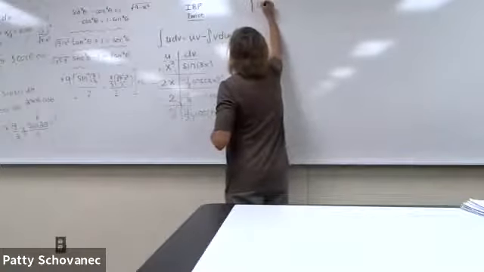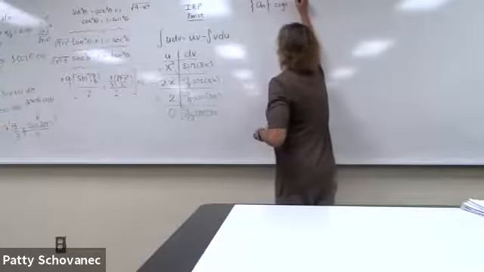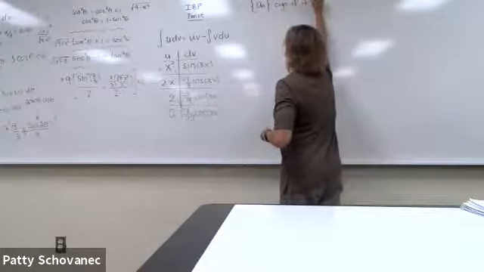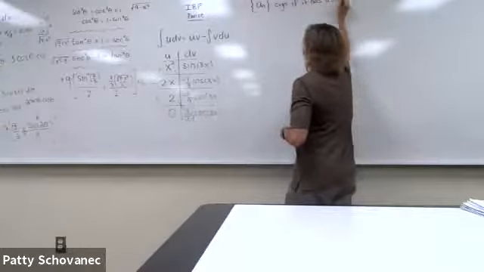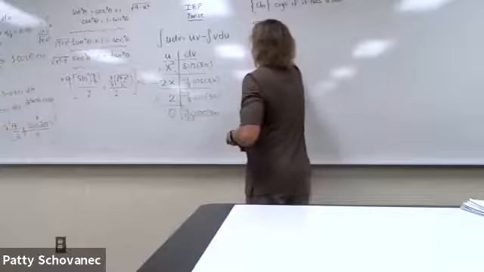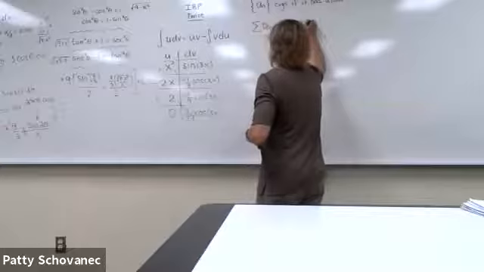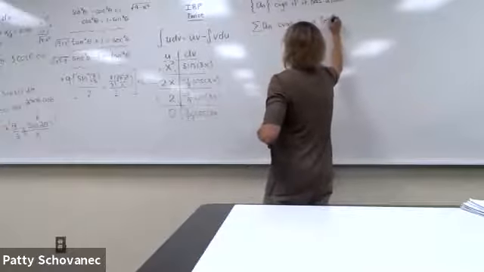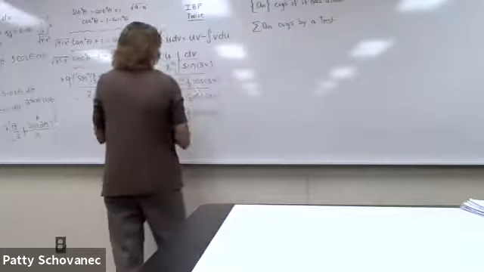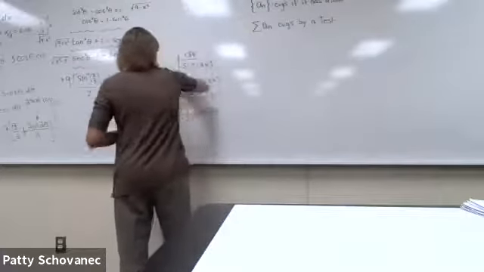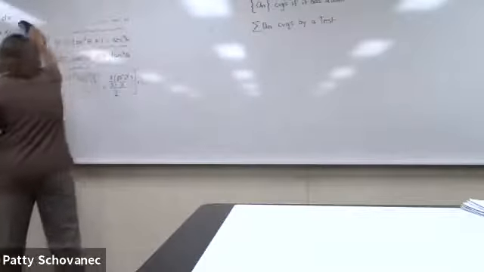A series converges by one of our tests. Okay? A sequence converges if it has any kind of limit whatsoever. A series converges if it passes one of our series convergence tests.